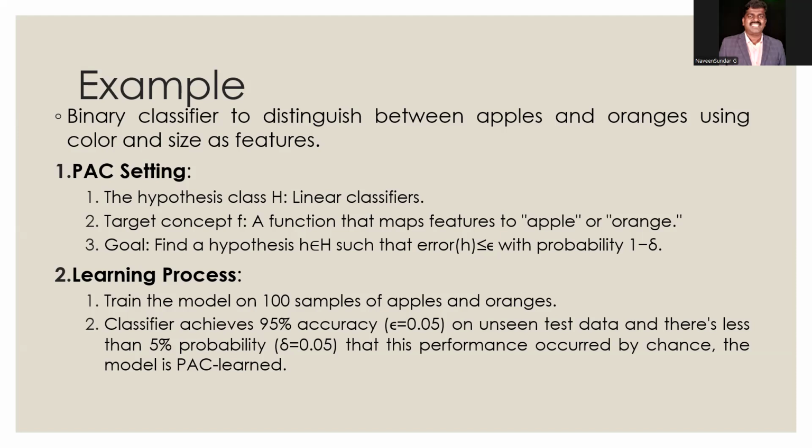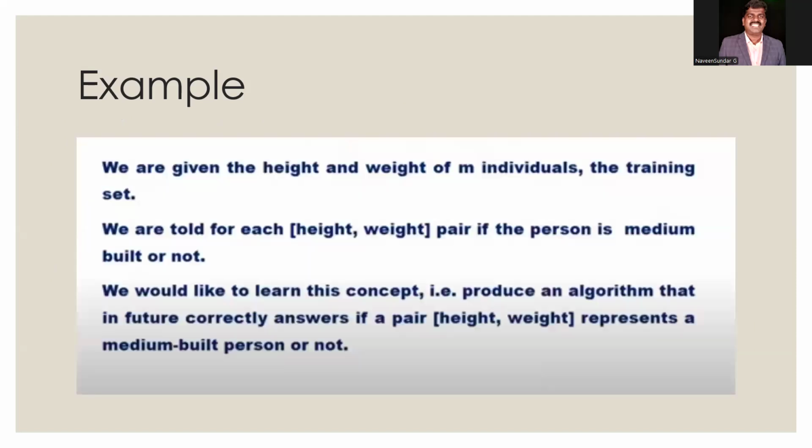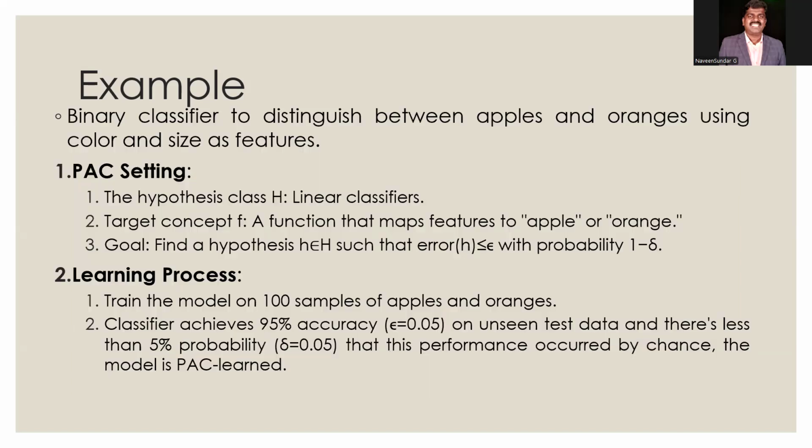On unseen test data, the probability that the performance occurred by chance is less than 5%, that is delta, equal to 0.05. The model is PAC learned. This is how we tell PAC learning, based upon the probability value.